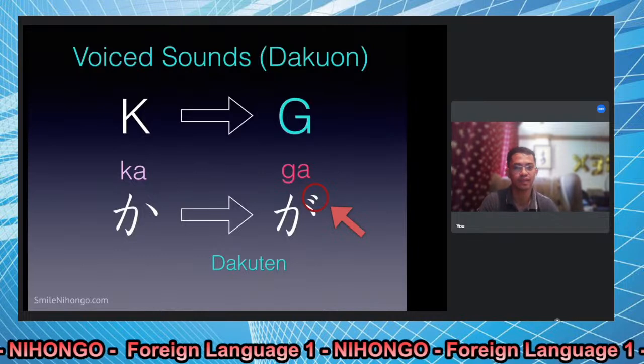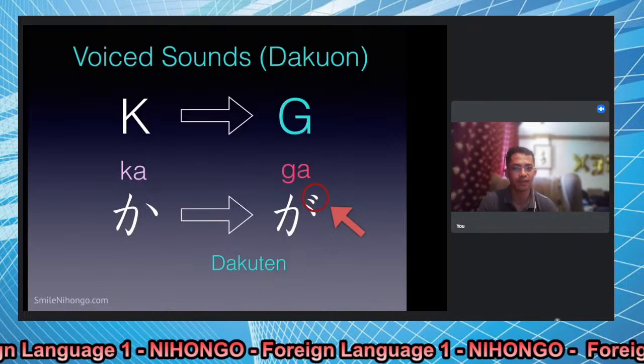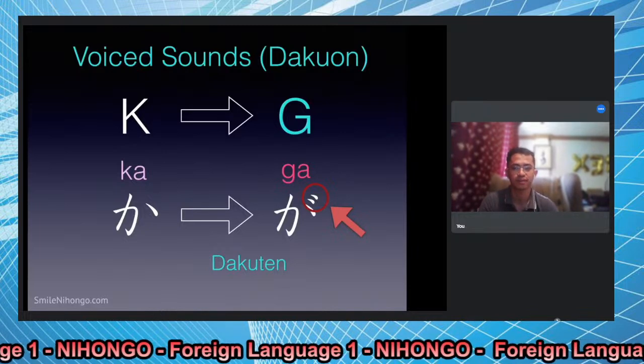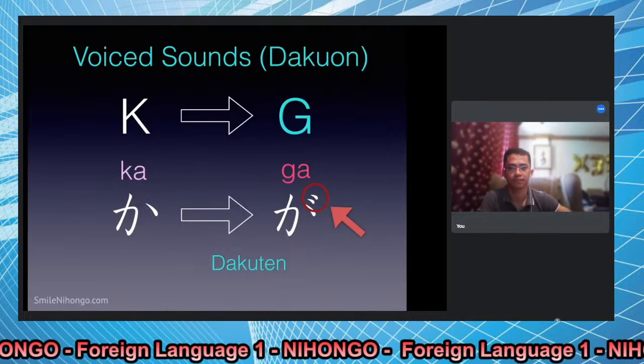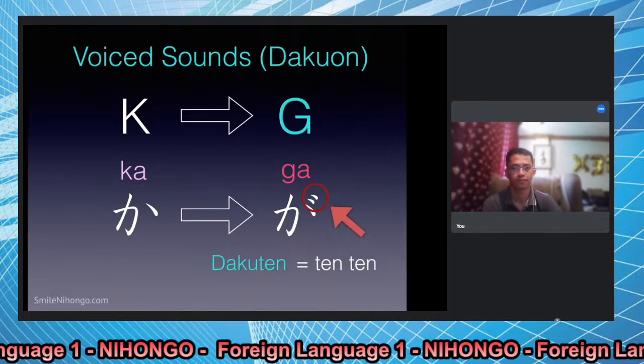Dakuten, not dakuten ha, that's different. Okay, dakuten or tenten. It's a grammatical term, and in more common terms, we call it ten-ten.